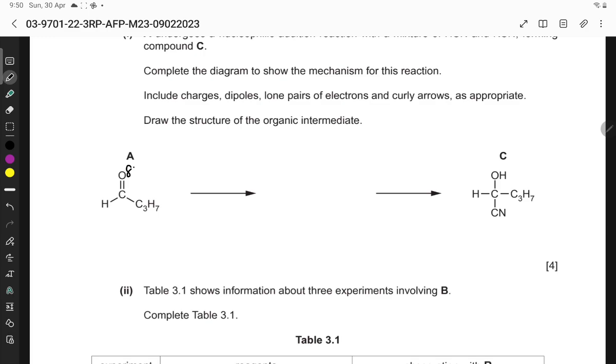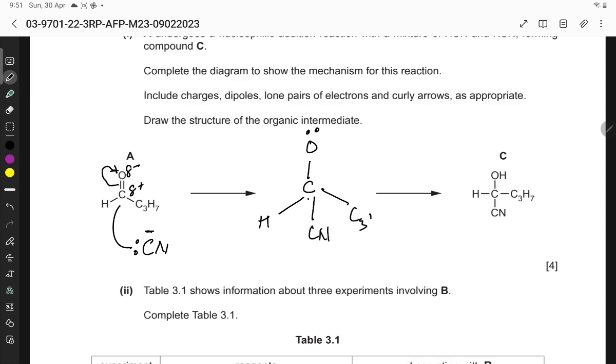Okay, partial negative, partial positive, and CN. This is CN and C3H7.